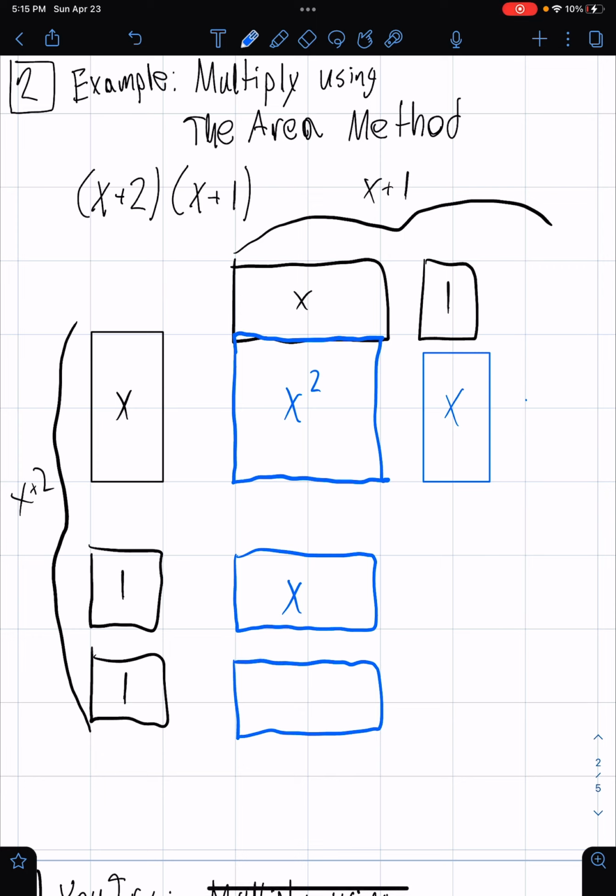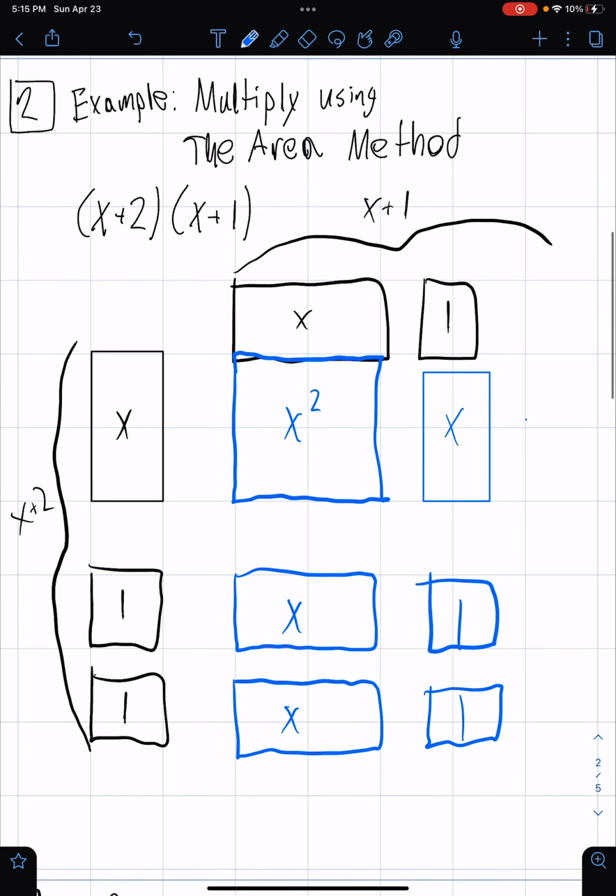We would get 1 times x, so that would be x. And for this one right here, we would get 1 times 1, which is just 1, and then repeat that same thing, and you would get 1 times 1 and x. So now we can see that we multiplied everything to get our distribution done.